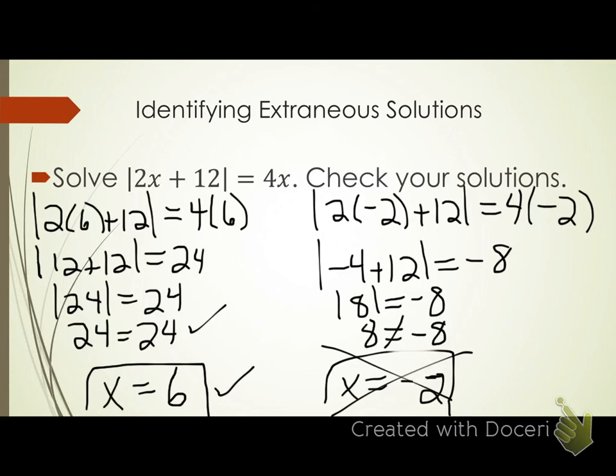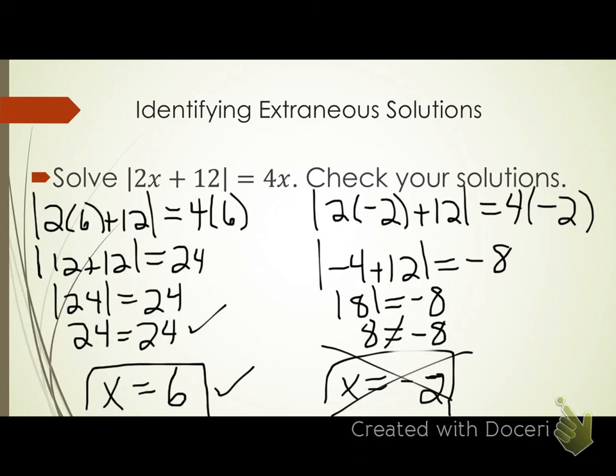Yes? Okay, I don't want to sound really dumb here, but on the second equation, don't we have to change the 4 to negative 4? No. This is me checking my solution, so I'm not changing any signs. I'm just plugging in and working down both sides of the equation.